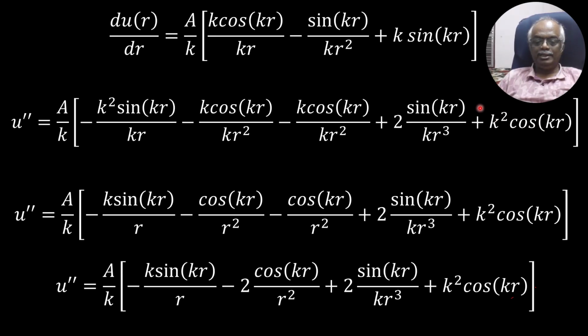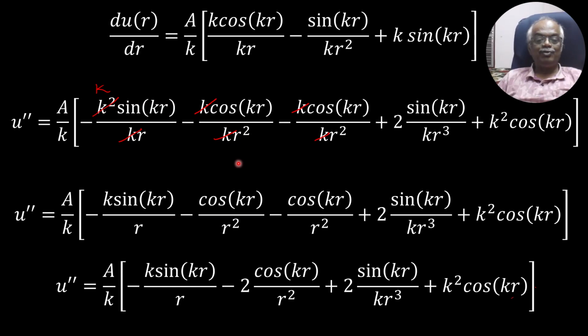So now we are going to simplify this further. Here you can cancel this k squared, which will become k, and this k will get cancelled. Similarly, in the second term, k gets cancelled, and in the third term also k will get cancelled. Here, the last two terms we will keep as they are.